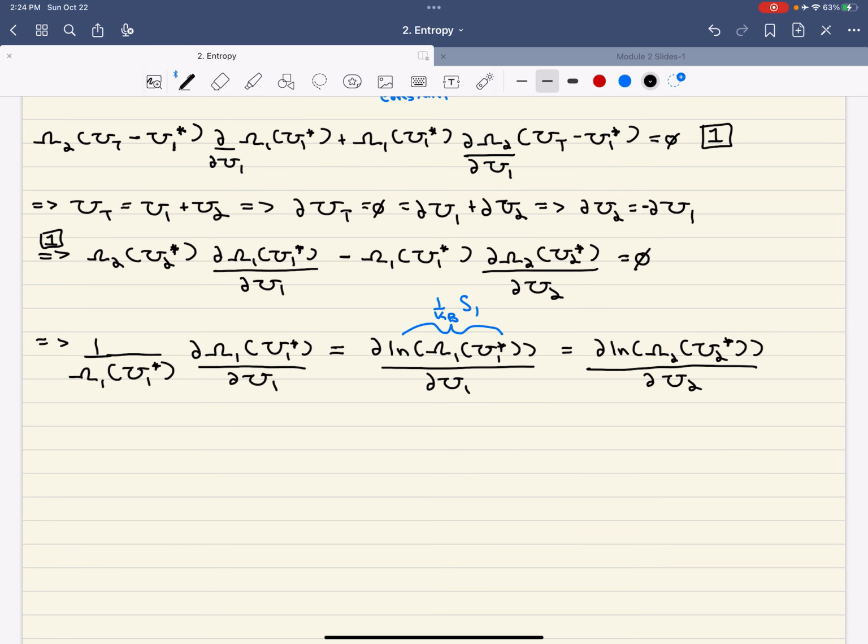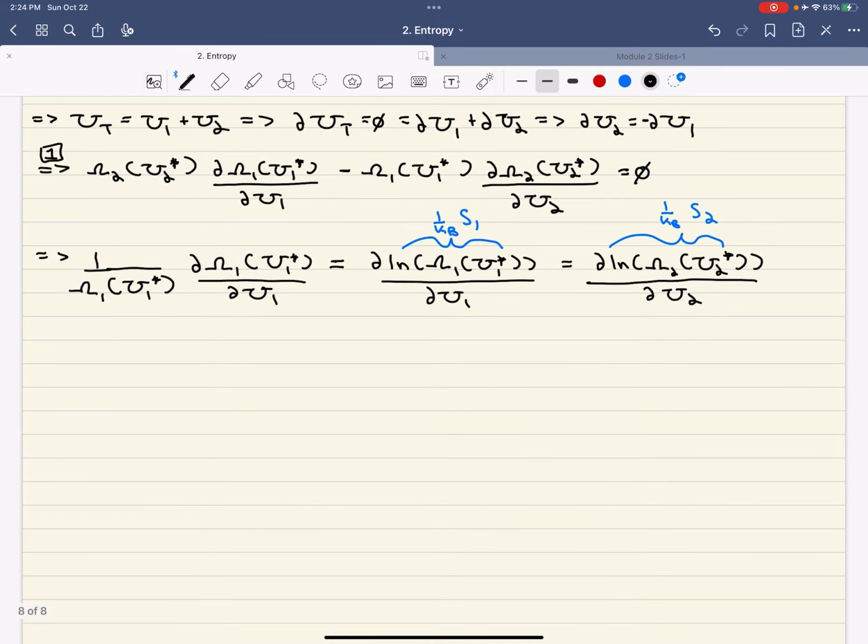Alright, so this one would be equal to 1 kb S2. Okay, so if we take that relationship even further, what we get is that the derivative of S1 with respect to U1 is equal to the derivative of S2 with respect to U2, d U2.